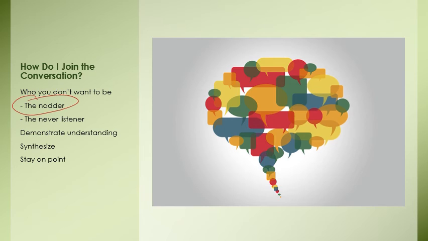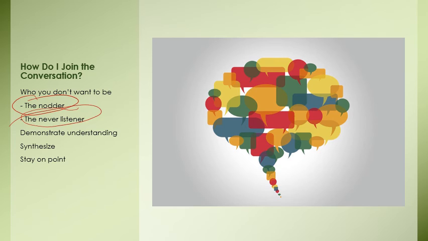And I'm sure you've been in a conversation where there are several people standing around and there's one person standing there who just goes, uh-huh, oh yeah, oh yep, and just nods through the whole conversation but contributes nothing. You also don't want to be the one who doesn't listen.